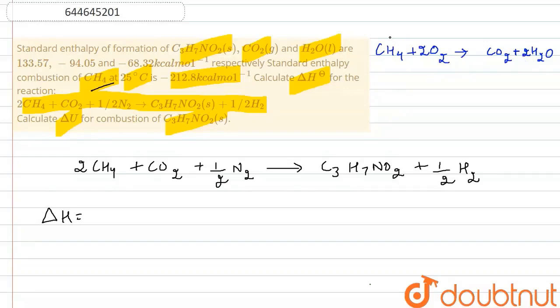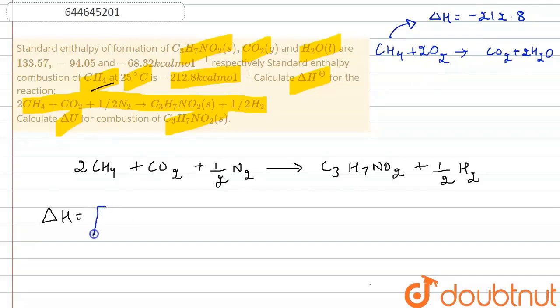So the delta H is given to us here. What is the delta H value of this reaction? The delta H is equal to minus 212.8. This is given to us. Now we are going to utilize this value here.